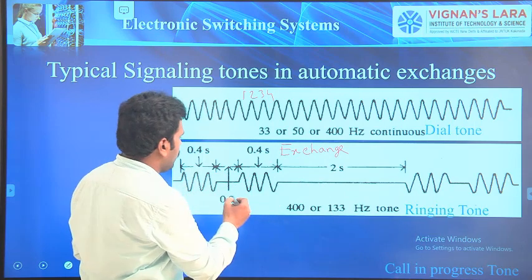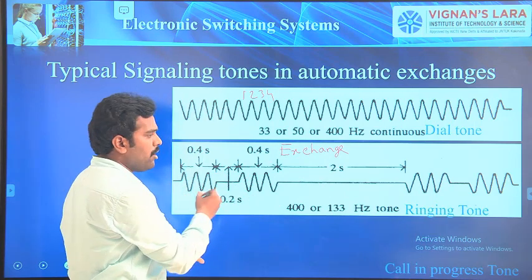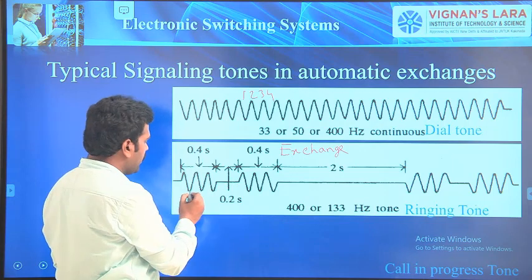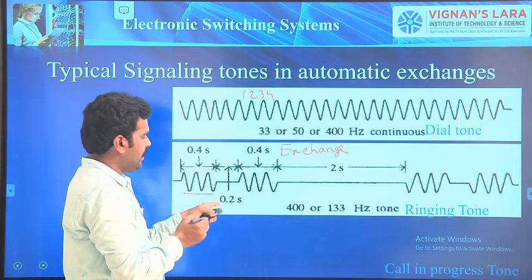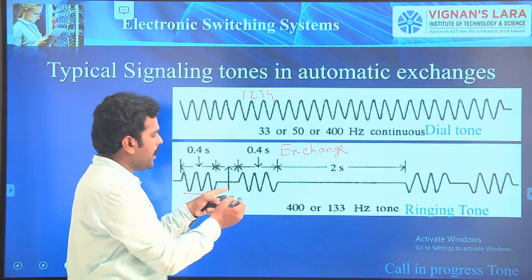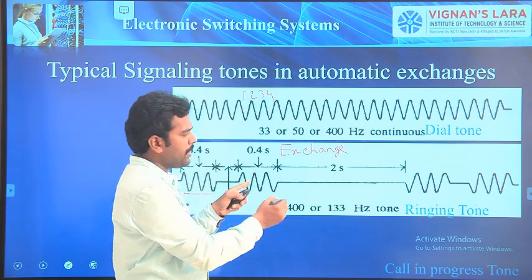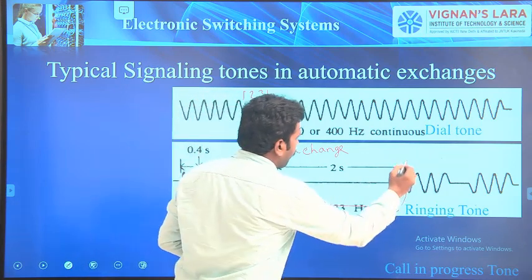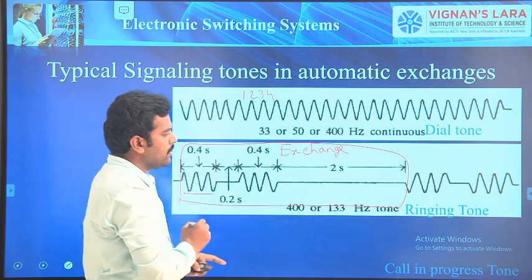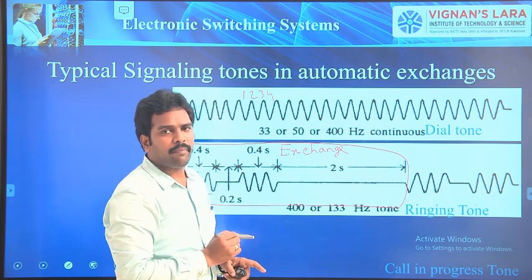This is the waveform of a ring tone. They send a signal of duration 0.4 seconds and give a gap of 0.2 seconds. Again, a duration of 0.4 seconds and a long gap of 2 seconds. This entire waveform is for a ring tone.